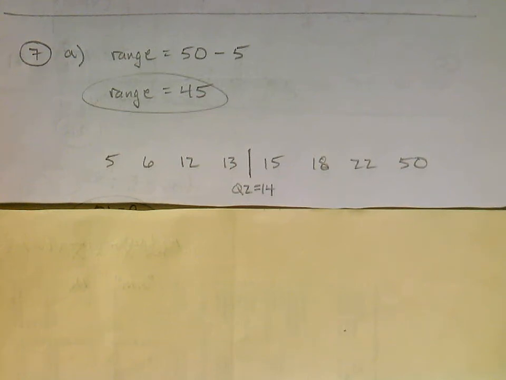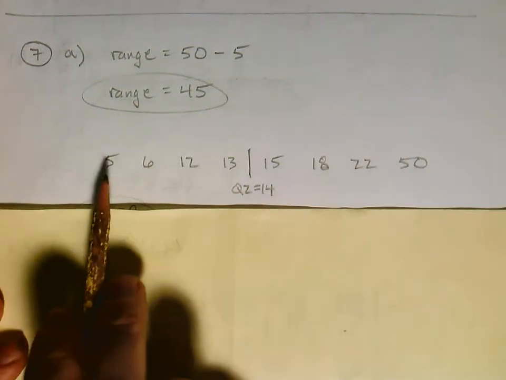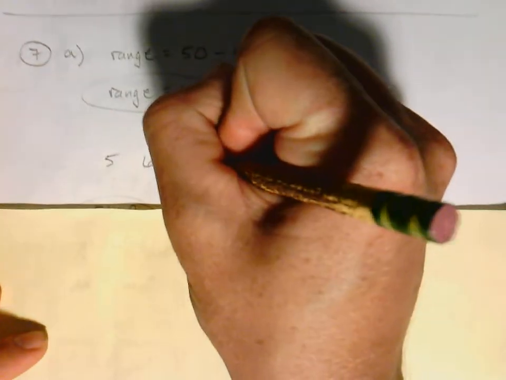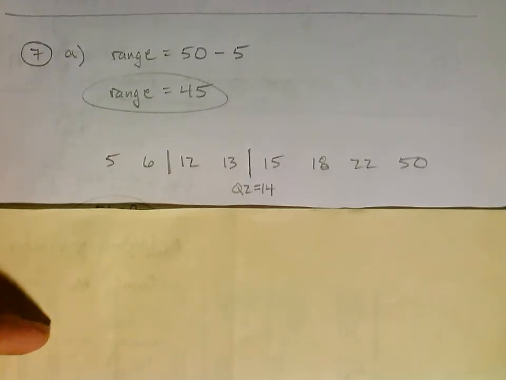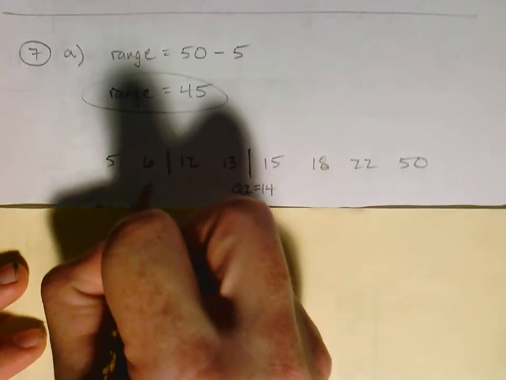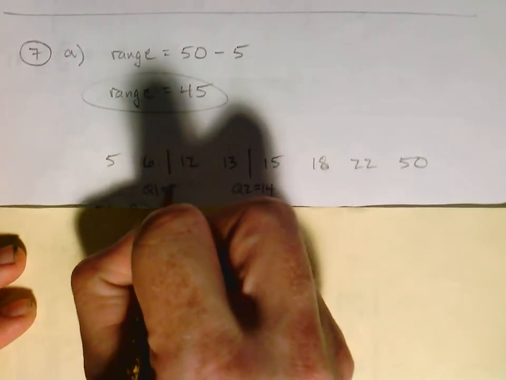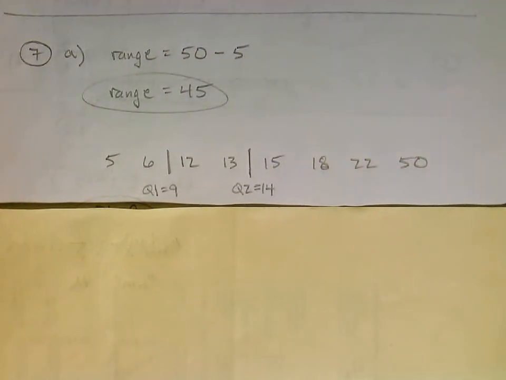All right, once we have Q2, now we're going to go and find Q1 and Q3. So looking at the lower half, let's do it again. Cut it in half a second time, and that's going to fall between these two values. Well, what would that make Q1? What's halfway between 6 and 12? Well, if you add them together and divide by 2, that would give you 9. Or maybe you can tell it's 9 anyway.